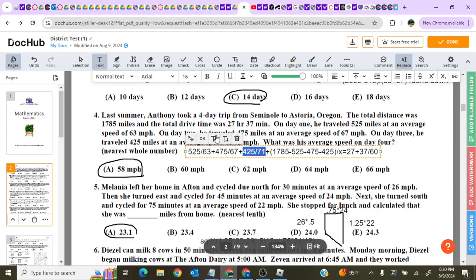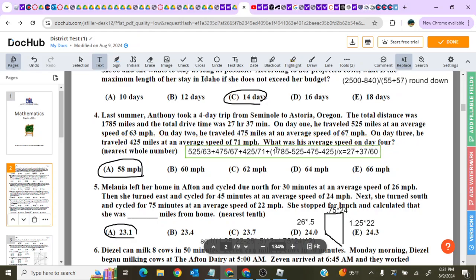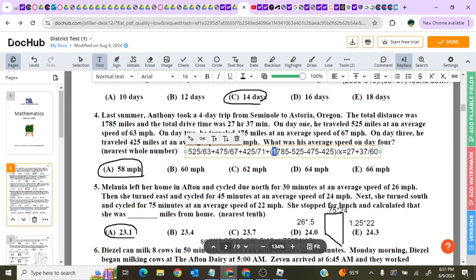Then they don't give you how far they traveled on day 4, so you've got to figure out how much is remaining on the trip. So the entire trip distance minus each of the values over some unknown speed nets you 27 hours and 37 minutes worth of time spent. And you'll get an X value of 58 miles per hour.